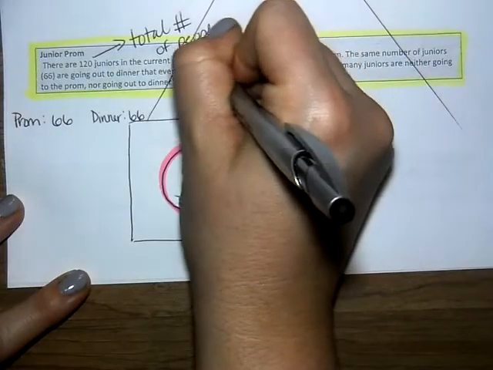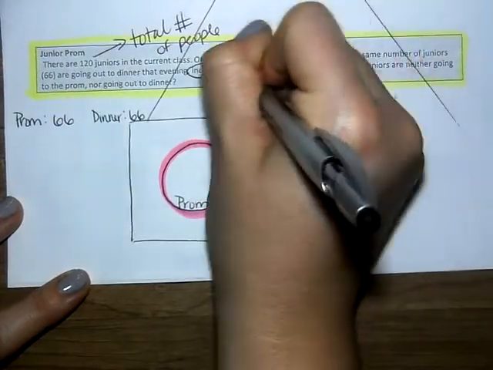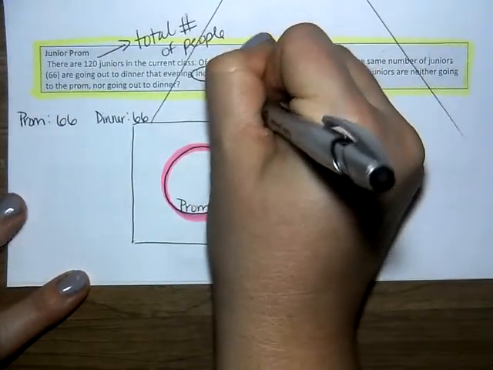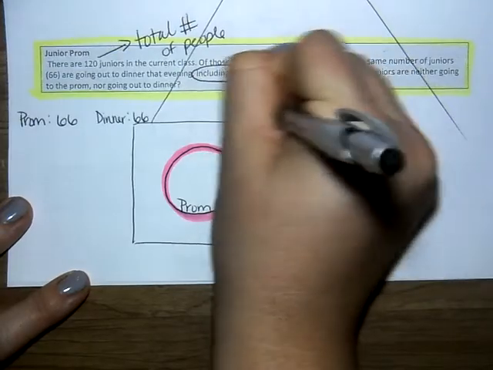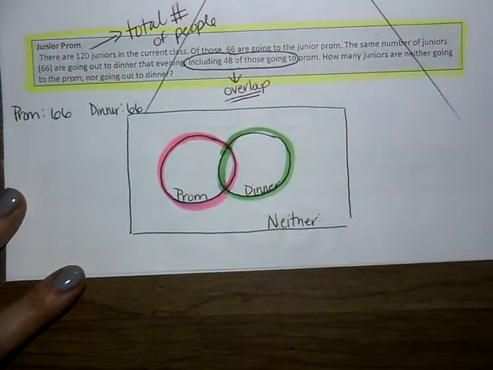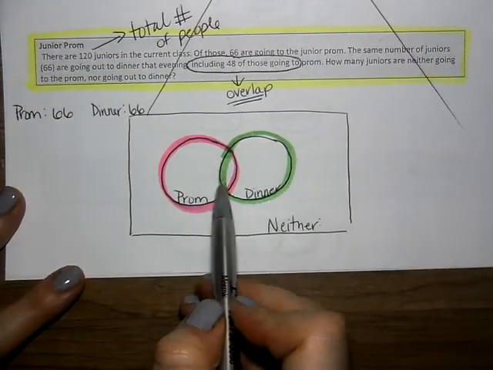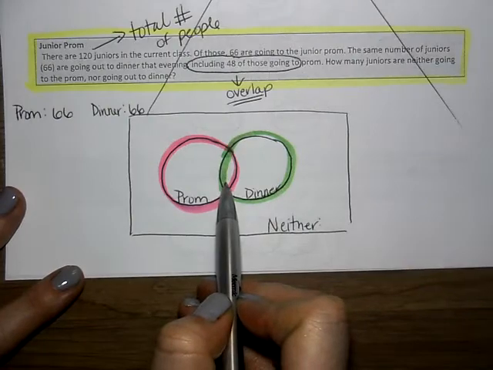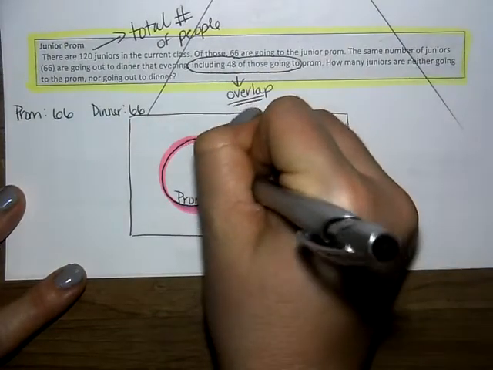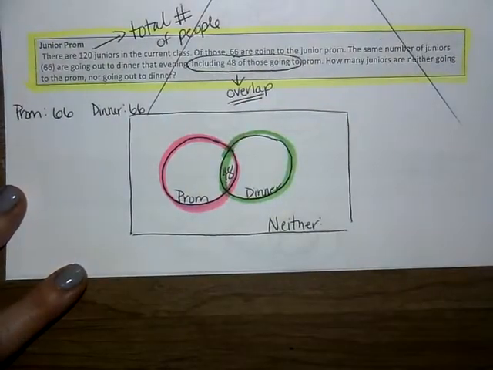So this number right here is really important. This is your overlap. That's where I'm going to start, because it says those 48 people are going to both dinner and prom. So I know that the number in the middle, where they're overlapping, is 48. So I'm going to put 48 there.